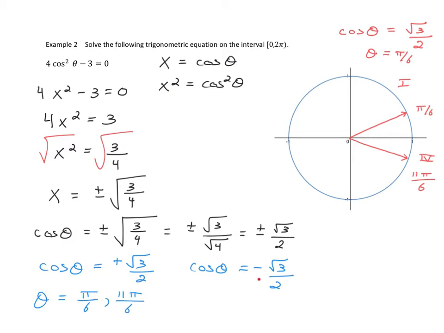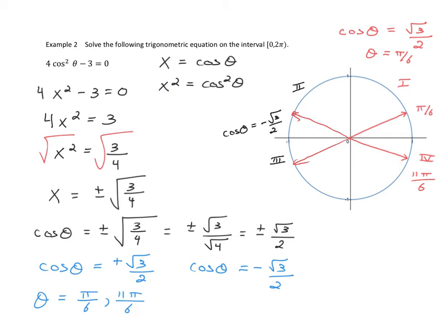But what about where cosine is negative root 3 over 2? The place where cosine is negative is in the second and the third quadrant. So this is where cosine of theta will take on a negative value, and specifically we want negative root 3 over 2. By using symmetry of the circle, I know we're talking about these two angles.